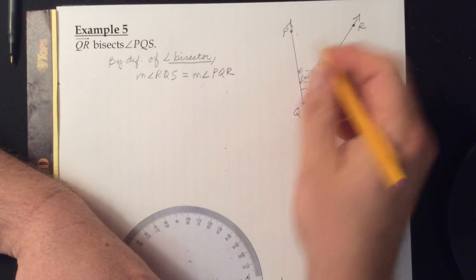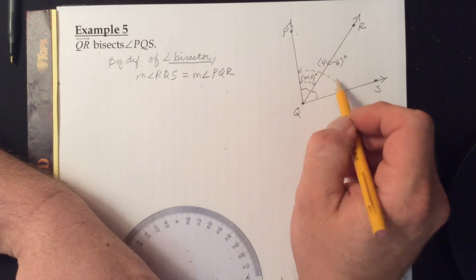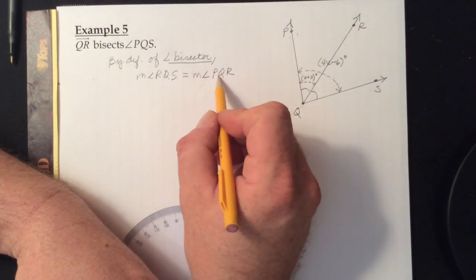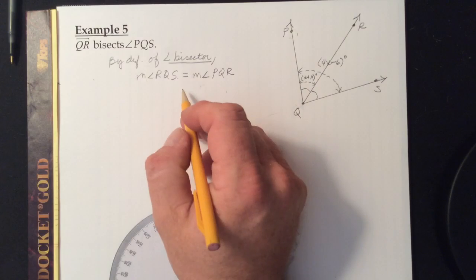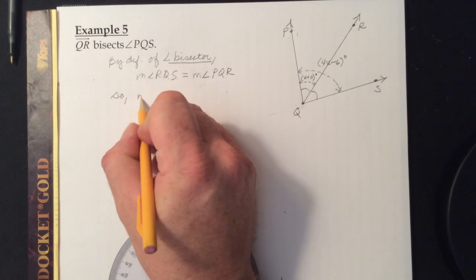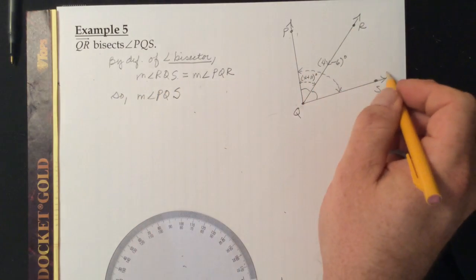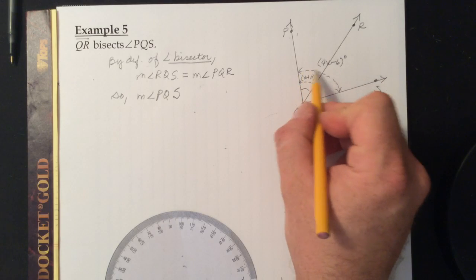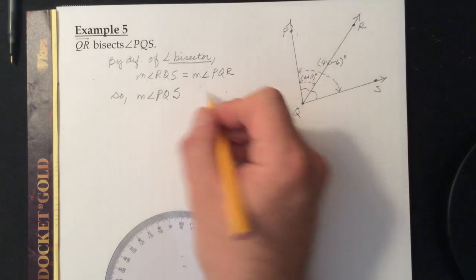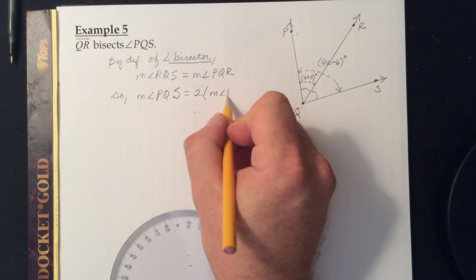The bisector cuts this angle into two angles that have the same measure, so RQS is equal to PQR. Then the measure of angle PQS, the whole thing, we said, can be found by doubling just one of them. So let's set that equal to 2 times the measure of angle PQR.